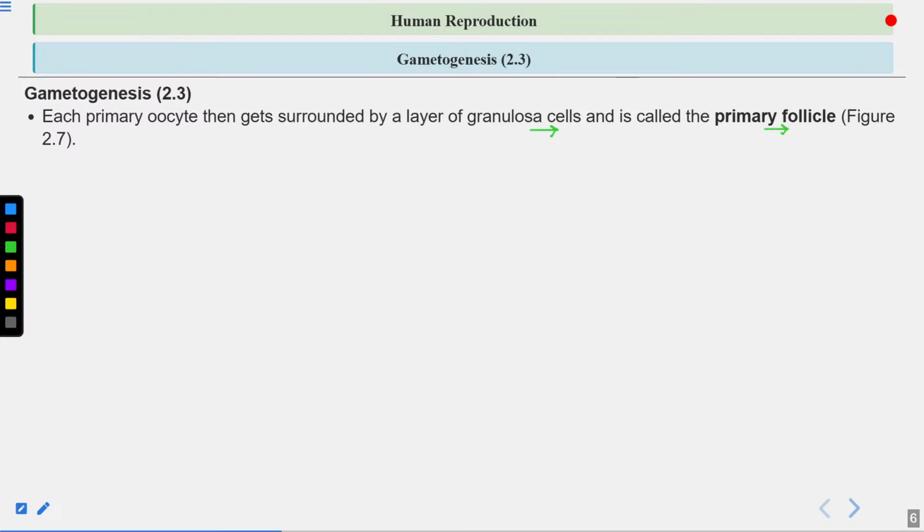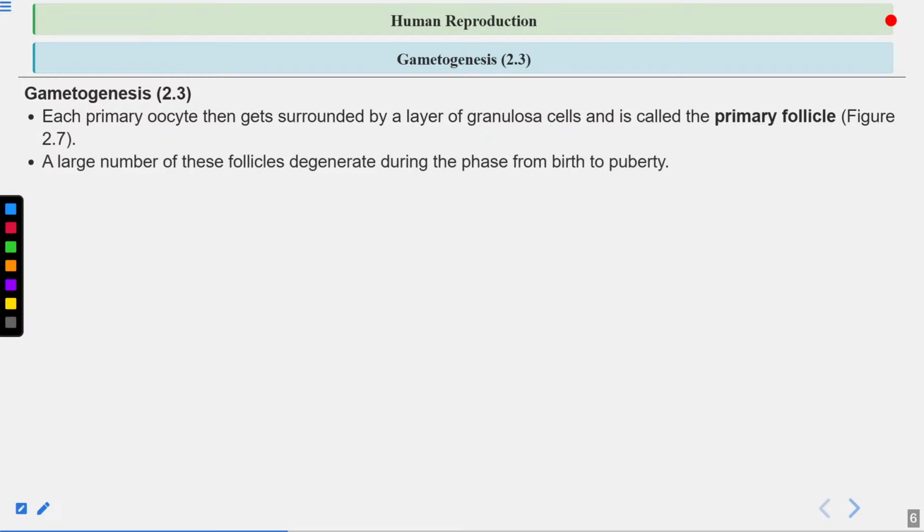So this is how the primary follicle forms, when the primary oocyte gets surrounded by a single layer of granulosa cells. Now what are these granulosa cells? These granulosa cells are somatic cells in the ovaries that surround and support the oocyte. Now primary follicle is formed. Primary follicle consists of the primary oocyte.